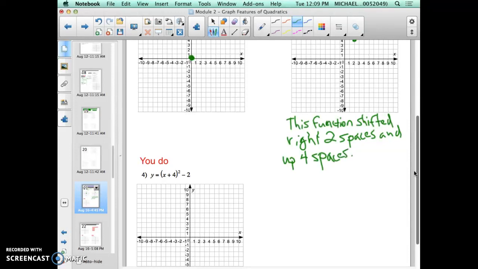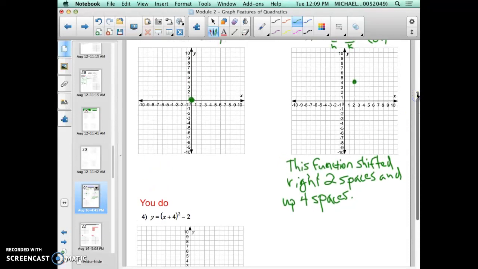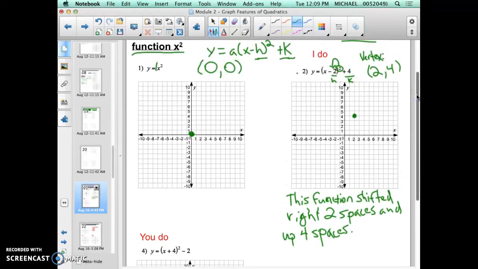Please write in complete sentences. If you don't, it will be counted a little bit incorrectly on the test. That satisfies the movement of the vertex. Because the vertex moved over 2, up 4, that means every point within this given function moved over 2, up 4. And so I have just satisfied objective 1.